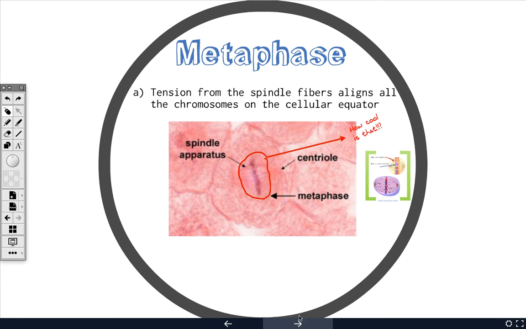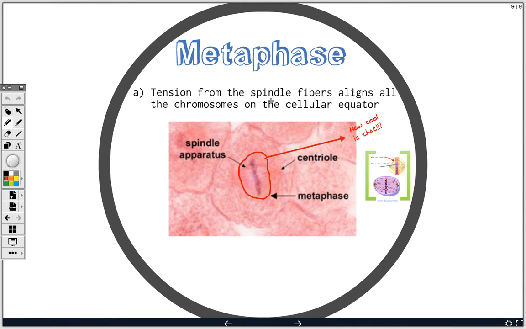So what's happening in metaphase? Metaphase is where tension begins forming in the middle at those spindle fibers, and they end up pulling on each other. So we've got a cell sitting right here. We've got those centrioles forming on this side, and they've got those spindle fibers coming out, and they're attaching to the centromere, or the center of a chromosome, that has been sitting in the middle over here.